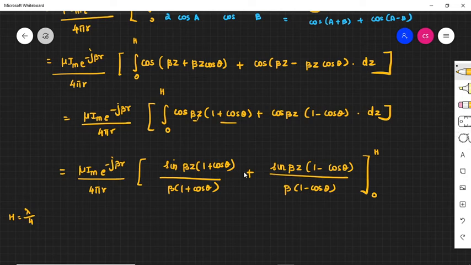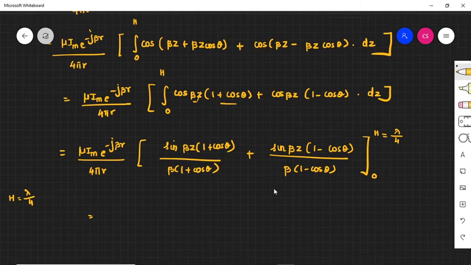So, from 0 to h, we know that h will be equal to an electrical length of lambda by 4. So, let us substitute this integration limit. In place of z, I am going to replace it by lambda by 4 because this is integrating with respect to z.